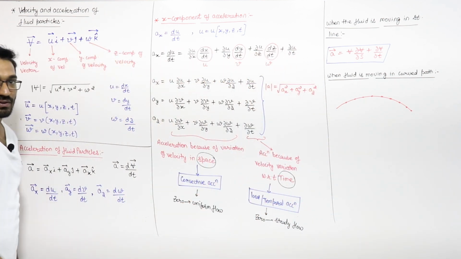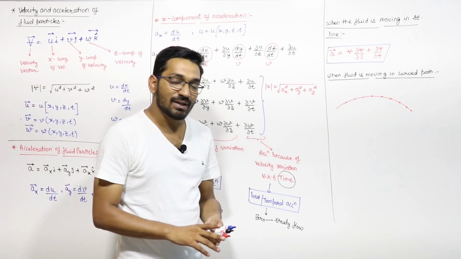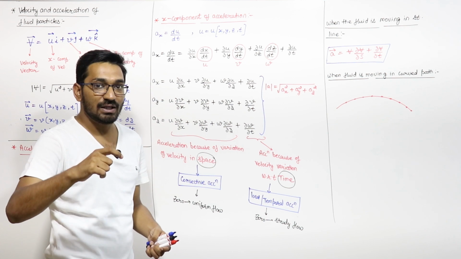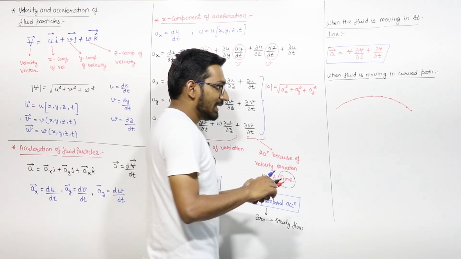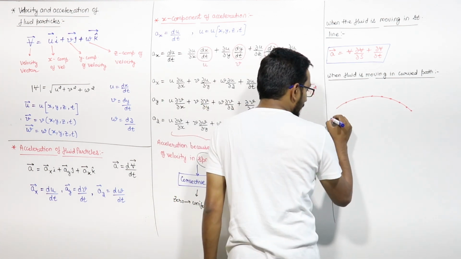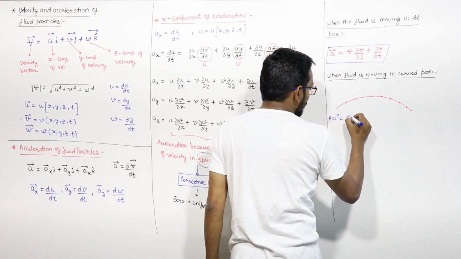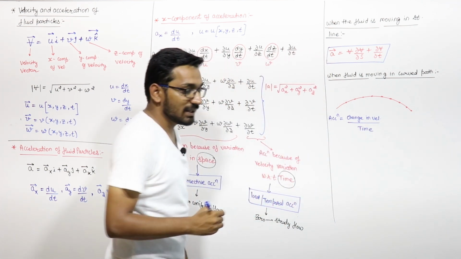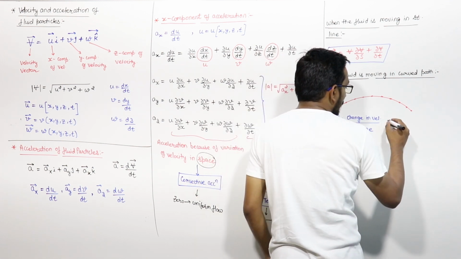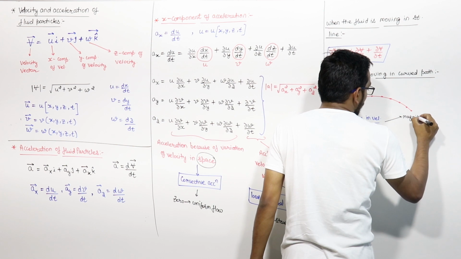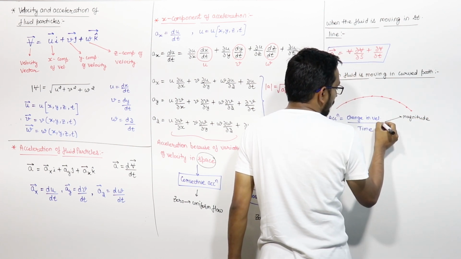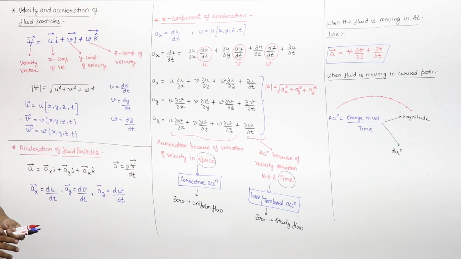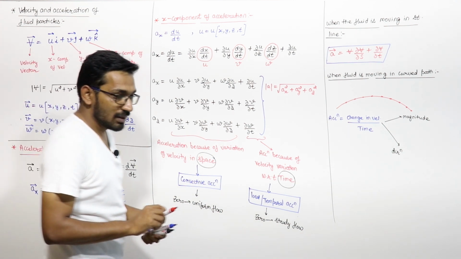So here you have acceleration, that is the change of velocity, and this change of velocity will be because of two ways: one is magnitude and one is direction. So when the fluid is flowing in a curved path, acceleration will be equal to change in velocity with respect to time, and this change will be because the magnitude changes and also the direction of the velocity is changing.